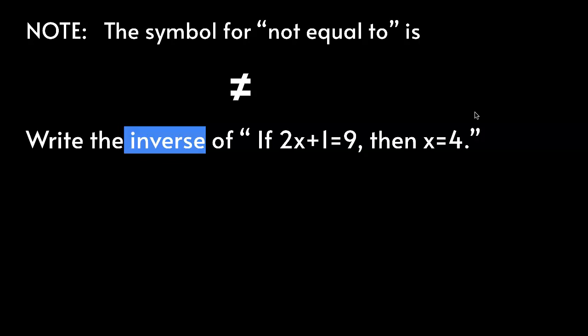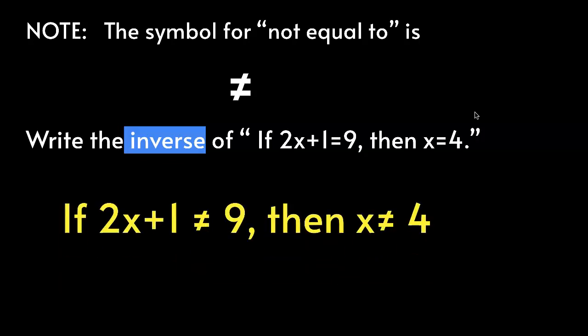Well, the inverse is the notter. I keep it in the same order, but I put the word not in it. But instead of writing if 2x plus 1 does not equal 9, then x does not equal 4, we use the symbols for it. So this would be the inverse of that algebraic statement. So that's it for your notes.